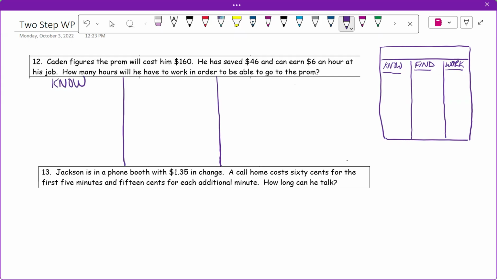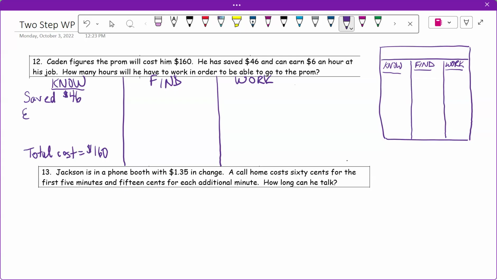So here's my know box, my find box, and my work box. So things that we know, the prom will cost him $160. So total cost is $160. What else do we know? We know he has saved $46 already. What else do we know?